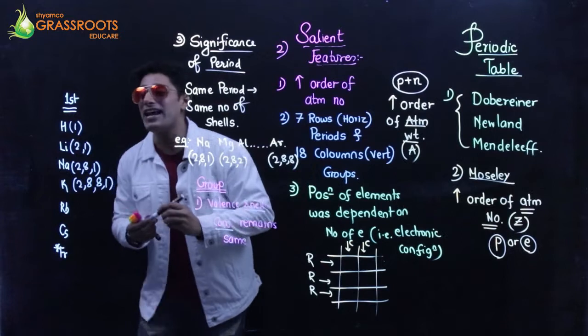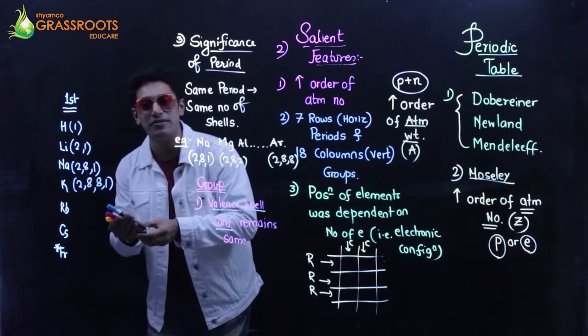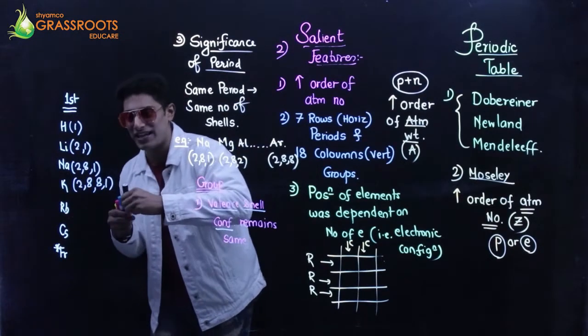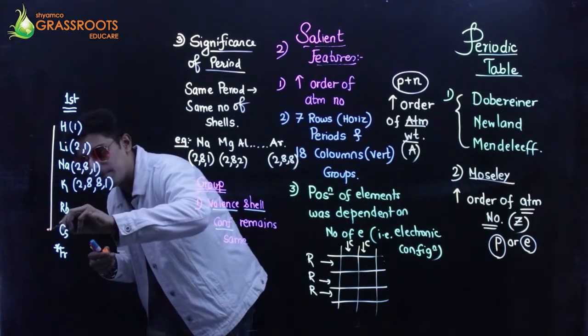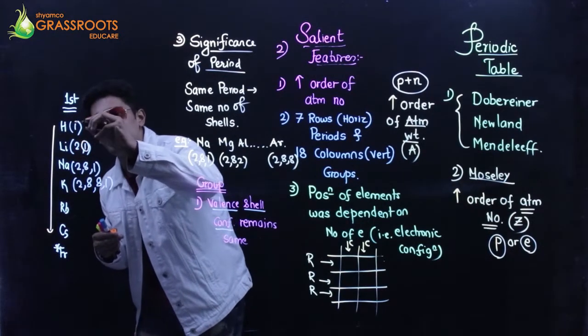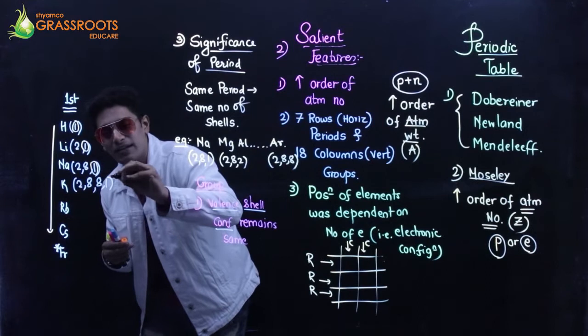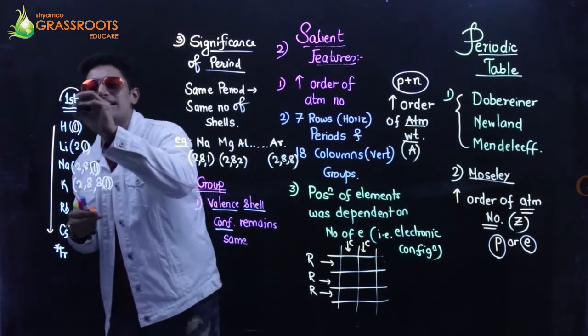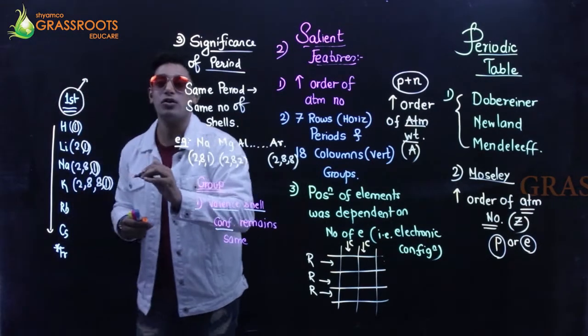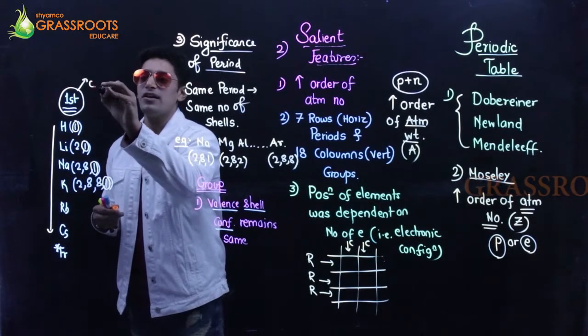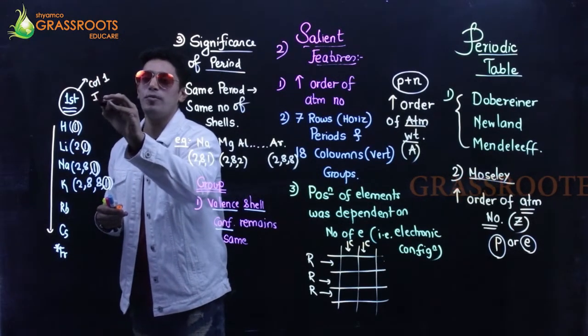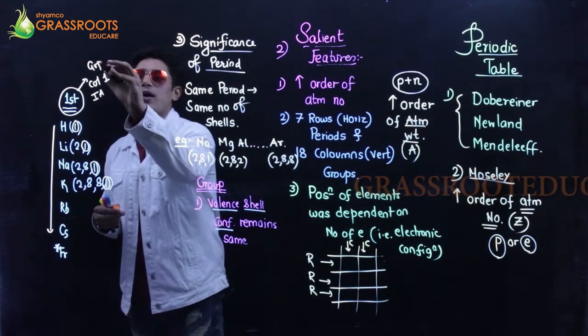Can I say in the example I've taken, down the group, each of the elements has one electron in the last shell and it is equal to the column number. This is column number 1, Roman number 1A, group number 1.